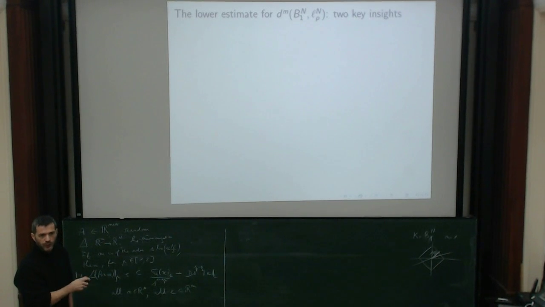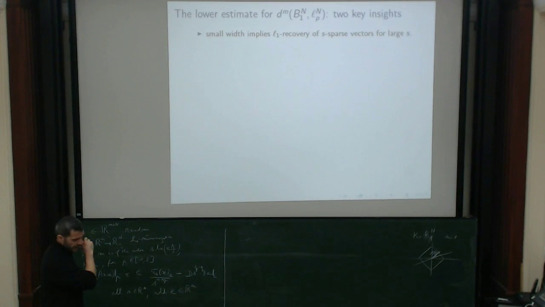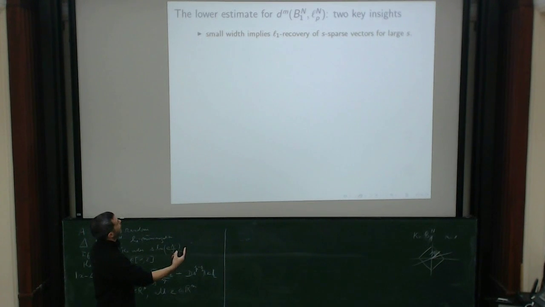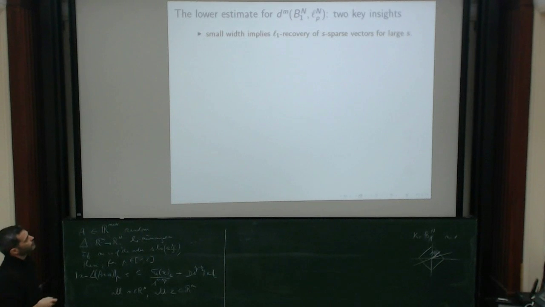But once you have those two key insights, the rest is just technical. The first one is that if you have a small width, it implies recovery by L1 minimization for large sparsity. Small width implies recovery of vectors of large sparsity. So that's the first insight.